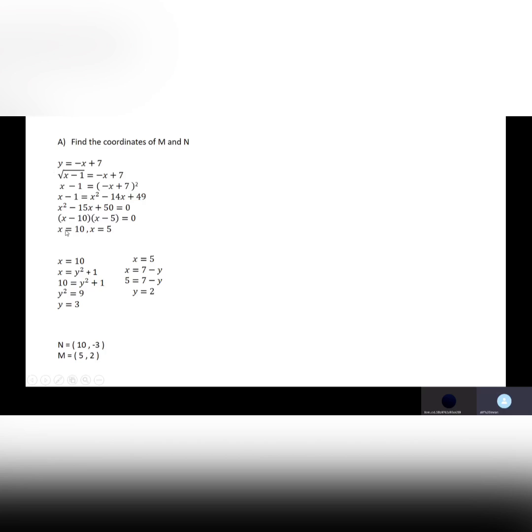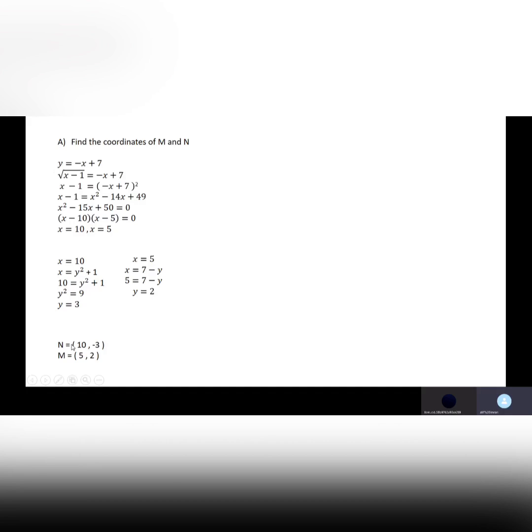When we get the x points, we can use them to find the y points. So we get x equal to 10, y equal to -3, and x equal to 5, y equal to 2. When we get the x points, we must put them in the equation, so it will become easier to find the y points.